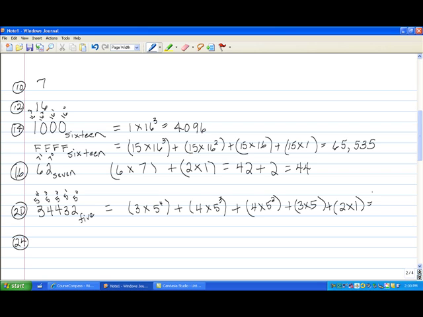Okay, and 3 times 5 raised to the 4th, plus 4 times 5 raised to the 3rd, plus 4 times 5 squared, plus 3 times 5, plus 2 times 1. I get 2492 would be the base 10 equivalent.